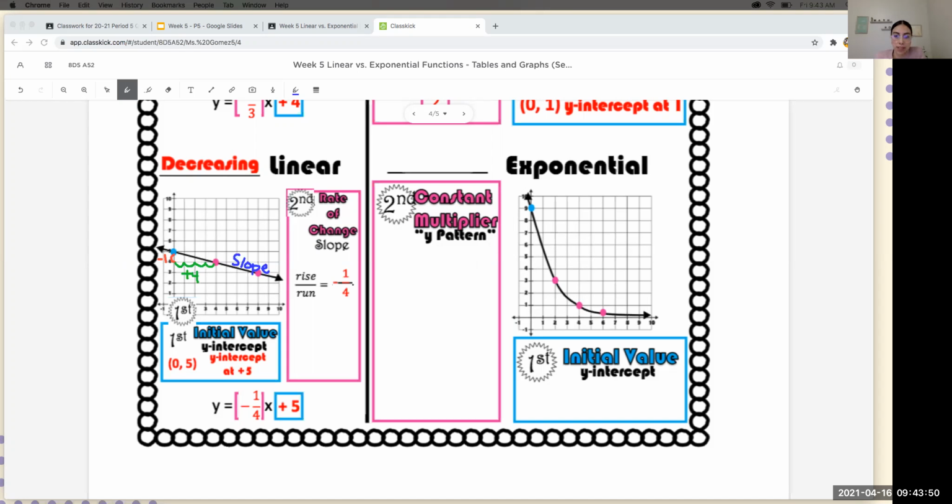All right, give me a clap if you need more time to complete this portion. The decreasing linear functions, give me a thumbs up if you're ready to move on. All right.